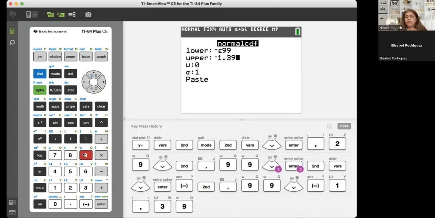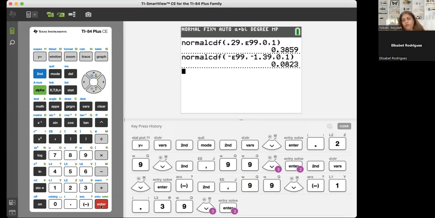If you put the minus sign for the negative sign, you get an error message. I will do that on purpose next. Let me finish this. So negative infinity, negative 1.39, with the negative sign. The minus sign is above the plus sign. The negative sign is next to the enter sign. That's the area of that little green region, 0.0823.